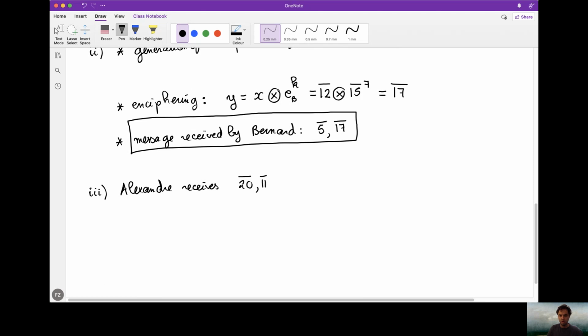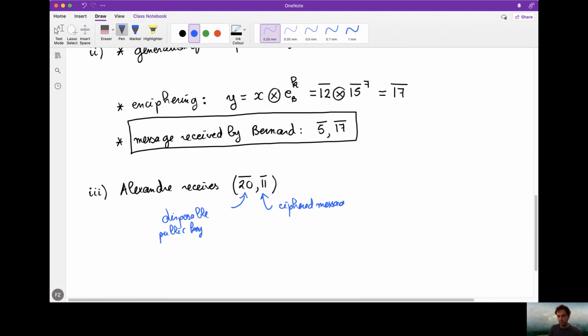And there are always two parts in the message, right? The first part of the message is the disposable public key here. And the second part here is the ciphered message, right?